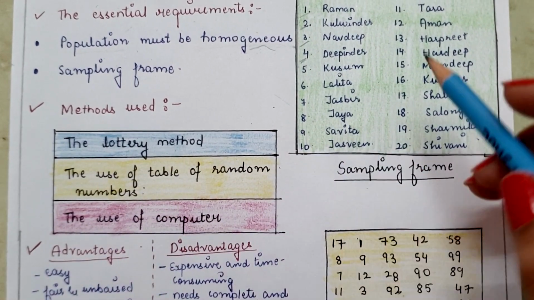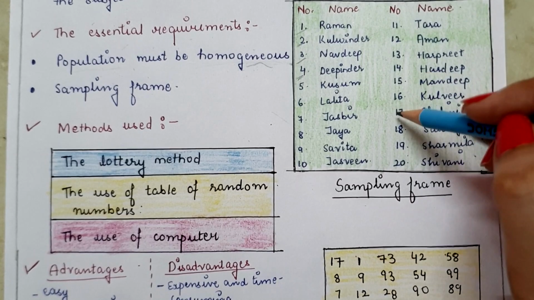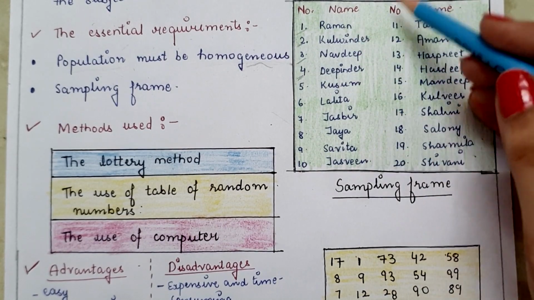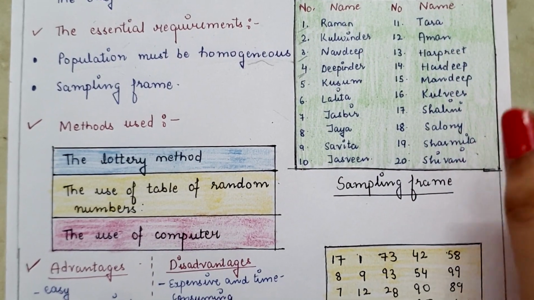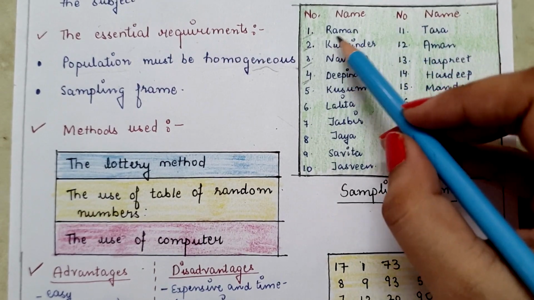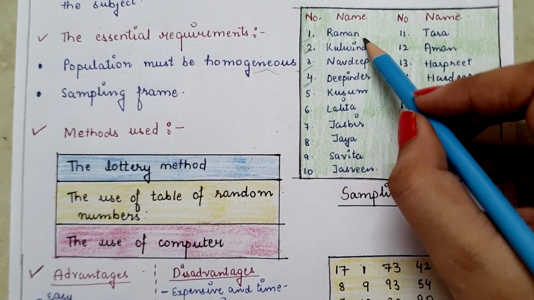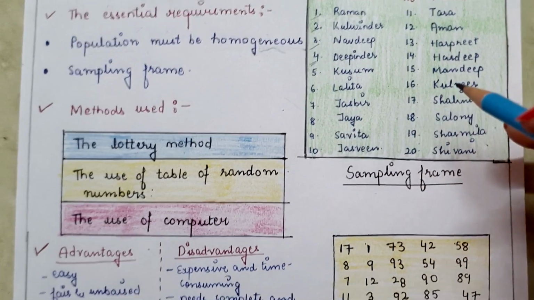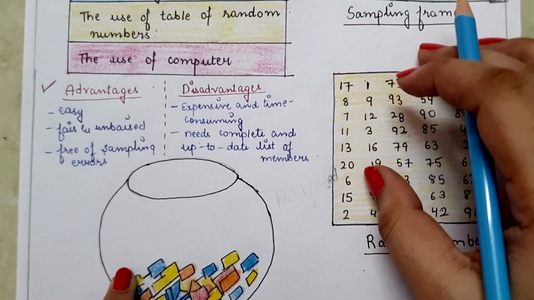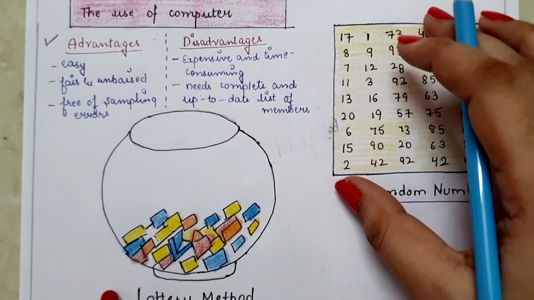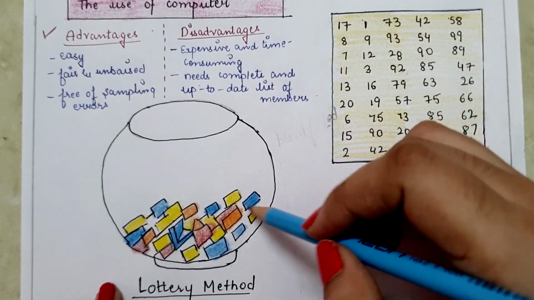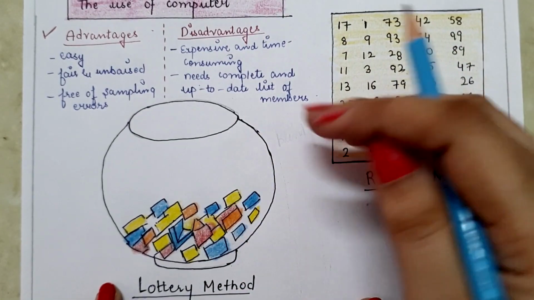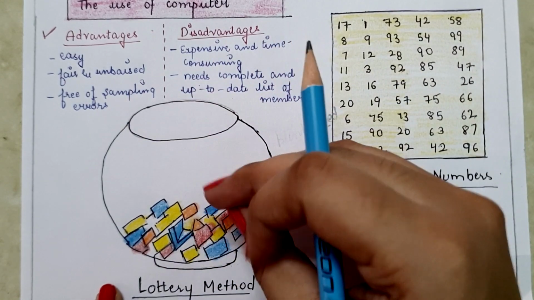In this, first of all, the researcher must have a sampling frame, that is the up-to-date information of all the population members. Then make chits of the names or the numbers which are allotted to each and every member of the population. Then place these chits inside a ball or a hat and blend, meaning mix it.